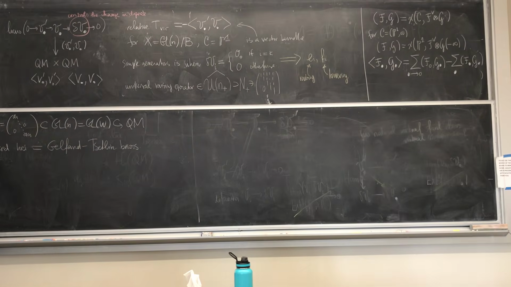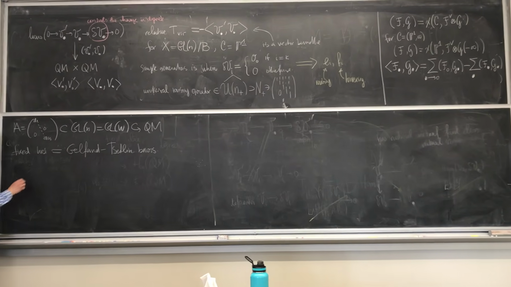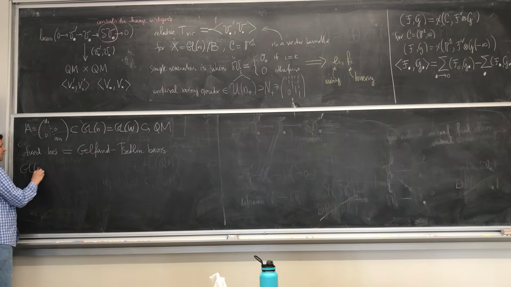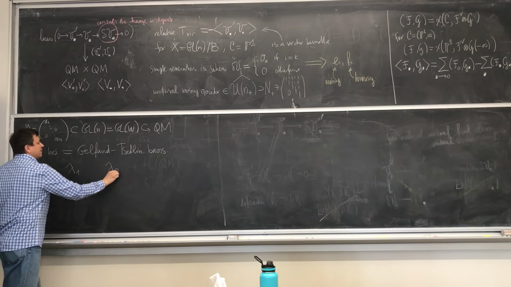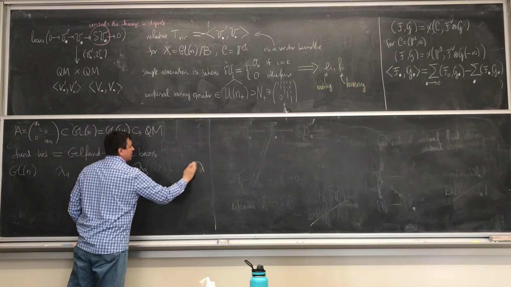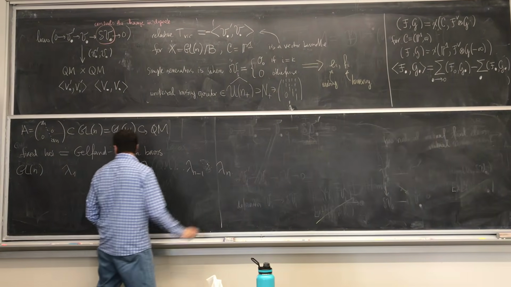So what does a Gelfand basis look like? For general representations of GL_n, if I take a representation of GL_n, maybe it has some highest weight lambda 1, lambda 2, lambda 3, ..., lambda n minus 1, lambda n.